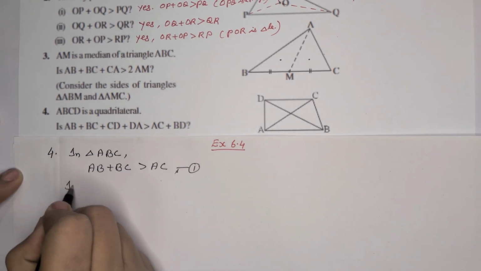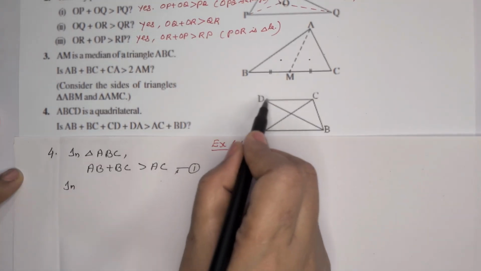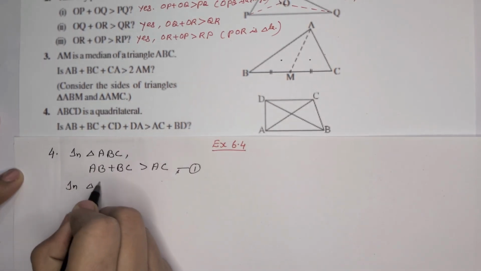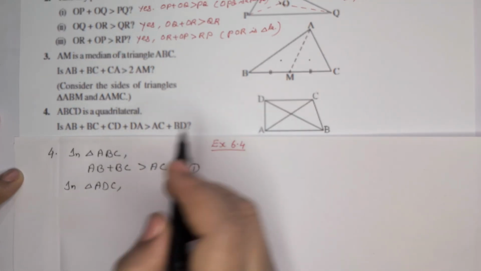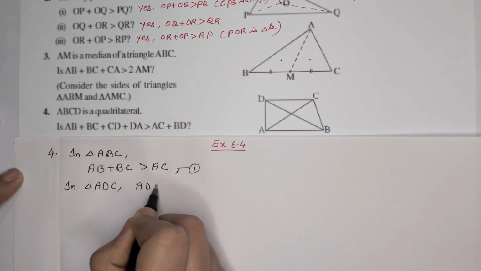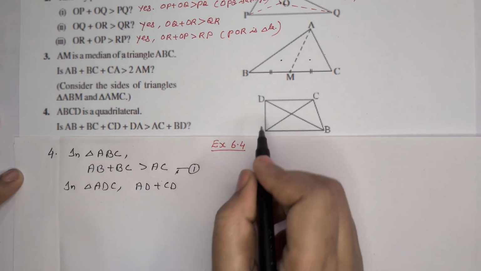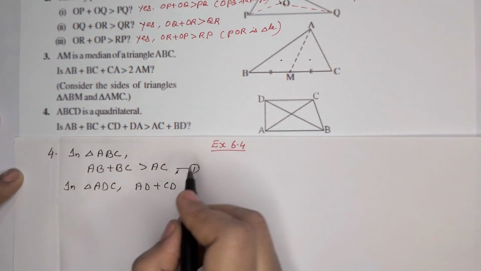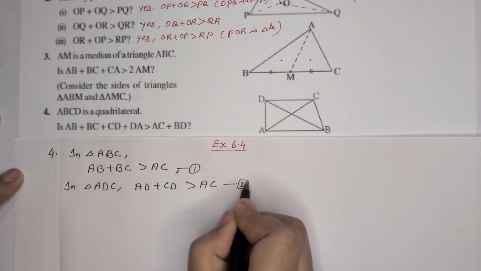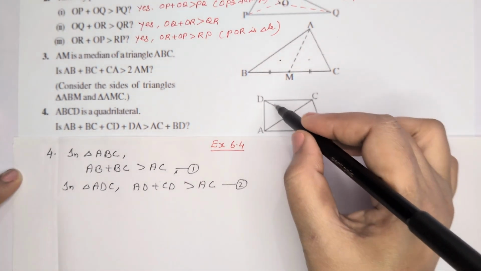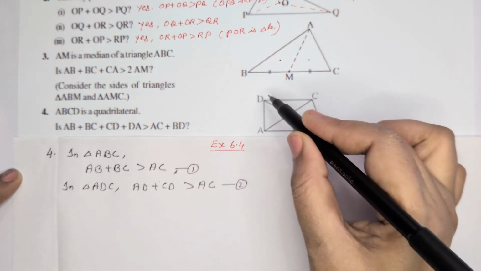Then in the triangle just opposite, ADC, we can write AD plus CD. The sum of these two sides is greater than AC. That is equation number 2. In the same way, now we consider the diagonal BD.